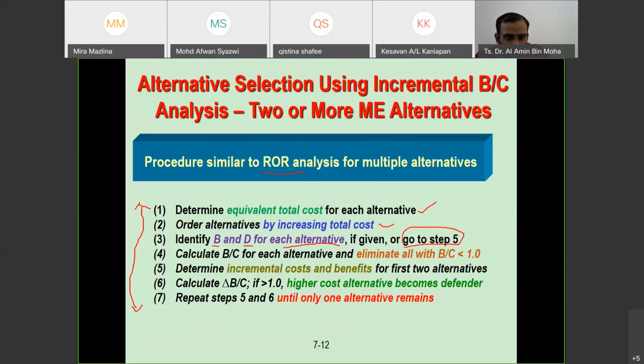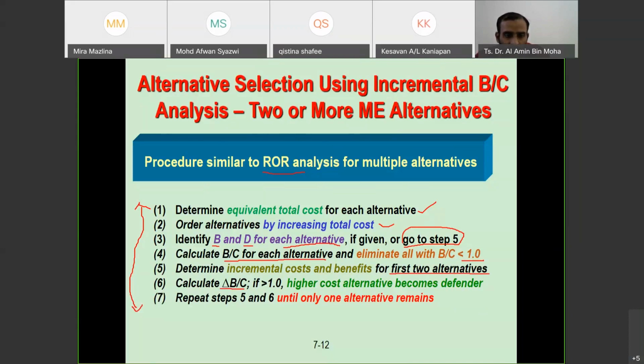What is step 5? Then you do the incremental cost and benefit. But if they give it, then you just calculate the BC ratio for each alternative and eliminate all with a BC ratio less than 1. After that, we do the incremental cost and benefit for the first 2 alternatives. And then we calculate the incremental BC.